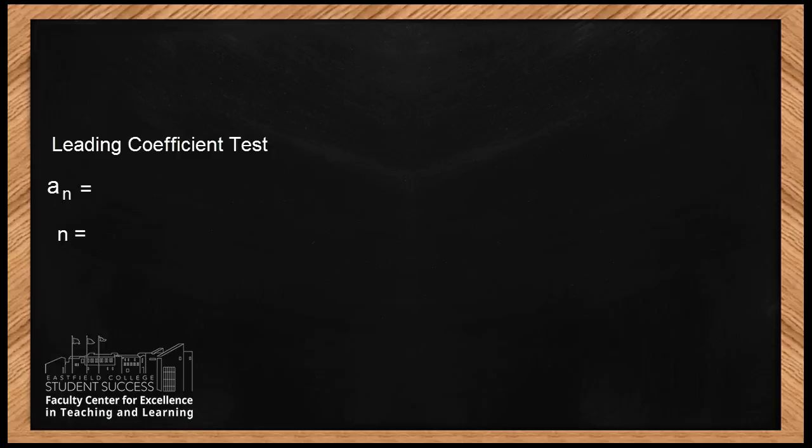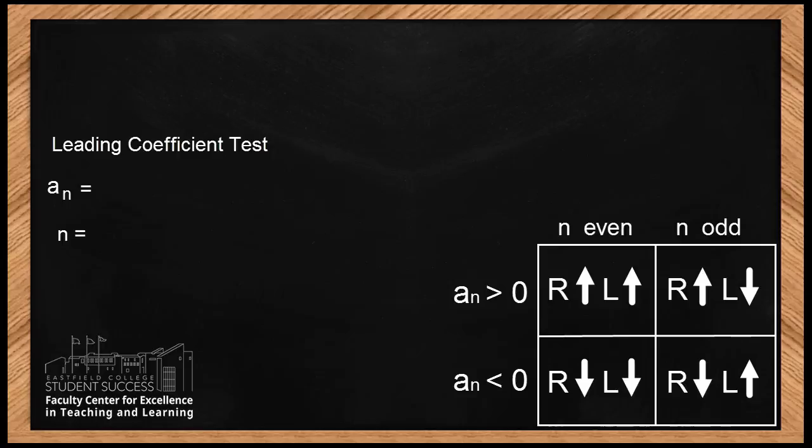We have four possibilities. And for the four possibilities, I'm going to create a little rectangle with 4 cells, where we will look at the highest exponent, n, that n being either even or odd, and we're going to look at whether the leading coefficient is positive, greater than 0, or negative, less than 0.